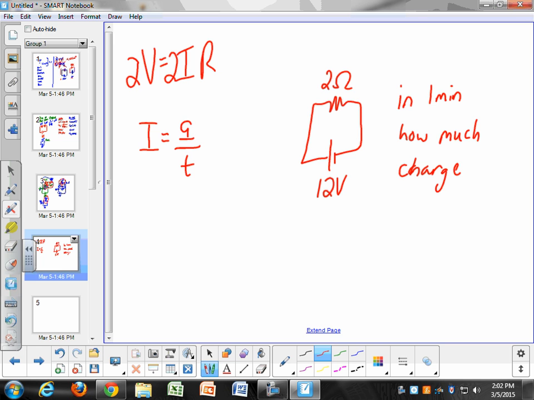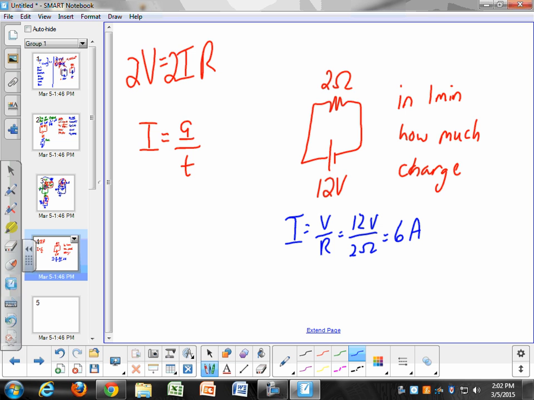I know V is equal to IR, so my current I times 2 has to equal 12. It has to be 6 amps. So I is equal to V over R. That's 12 volts over 2 ohms, which is 6 amps.